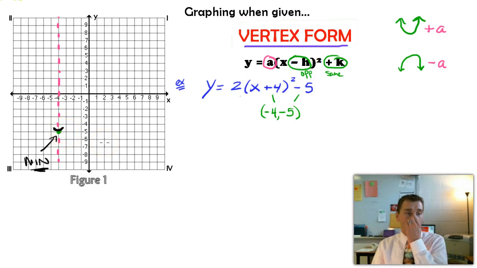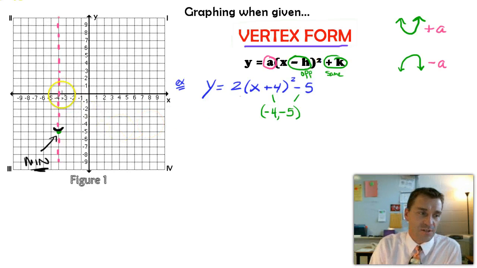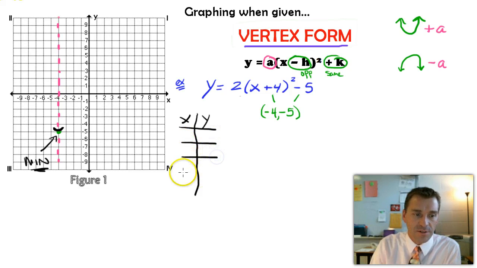Either way. So now that we've got the axis of symmetry, here's what's cool. We're going to use the axis of symmetry, we're going to use the vertex, all this together to generate and populate our X and Y table. So I'm going to put 5 spots here, because we always need to graph 5 points: 1, 2, 3, 4, I need one more, 5. So we need 5 points.